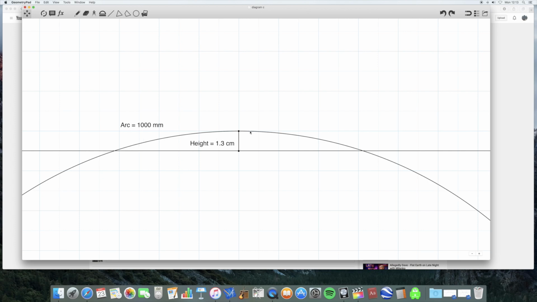So like over 395 miles, it's kind of like a meter stick bent by 1.3 centimeters in the middle. If you take it over 10 miles, it's like a meter stick bent by 0.3 of a millimeter in the middle. It's much less curvature. So this is why wherever you are, it looks flat, because you don't see very much of it.